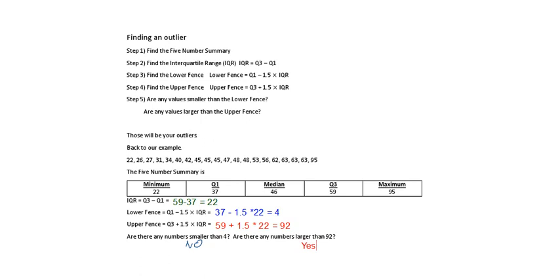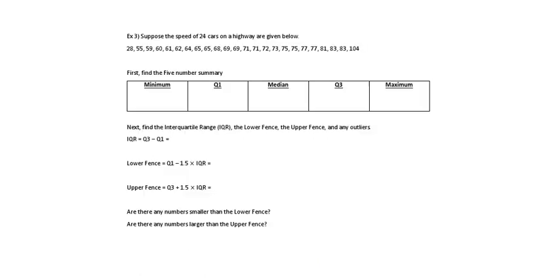And the answer to that is yes. 95 is larger than 92. So in that case, 95 is the outlier. Let's do another example together, shall we?